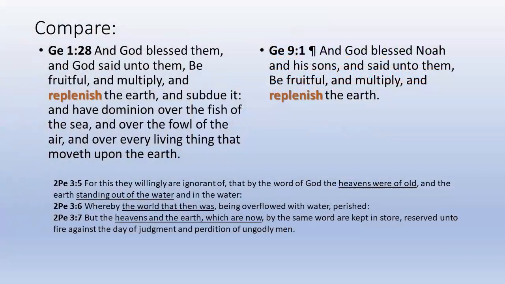But let's look at this again a little closer. It's used in both cases, and so what is meant in Genesis 9:1 by replenish, that is Noah and his family to refill an earth that's been devastated by a flood?